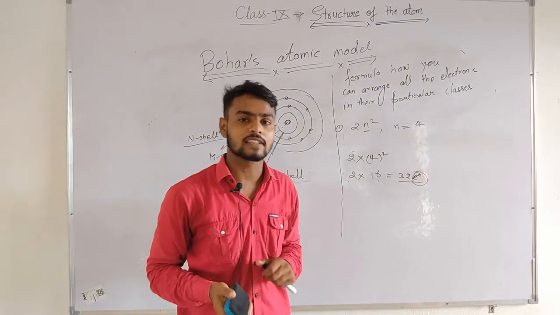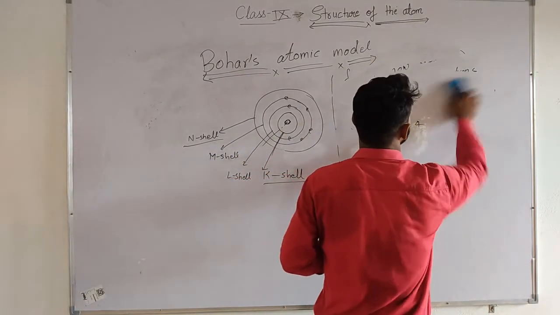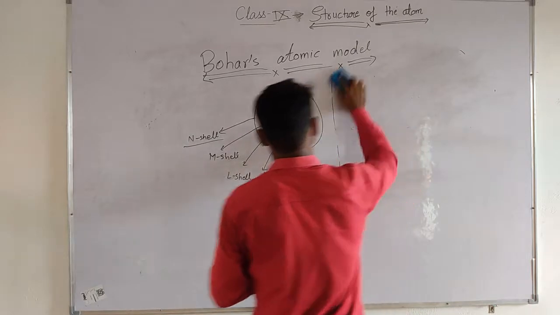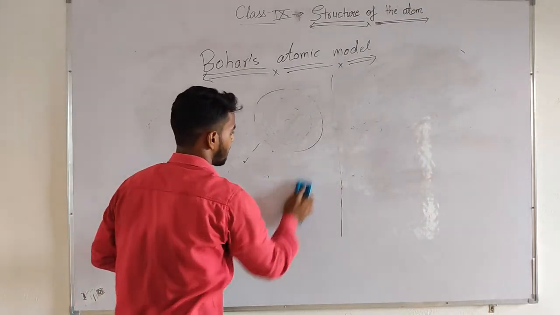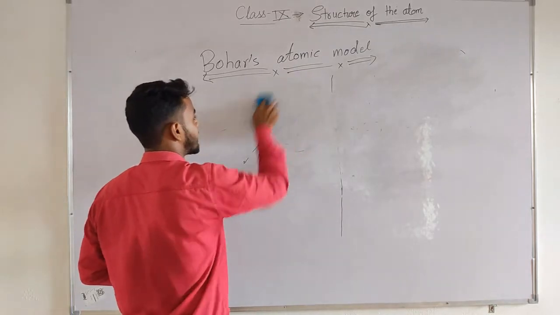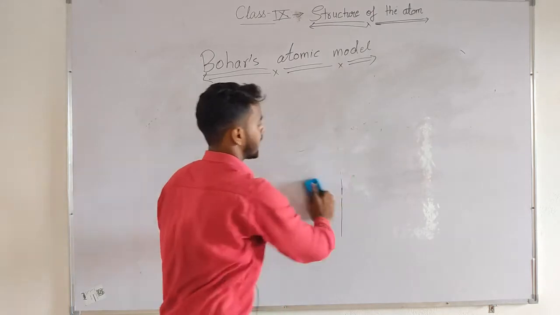Now we are going to take some examples, that is, how you can arrange the electrons in their particular shells for the elements.